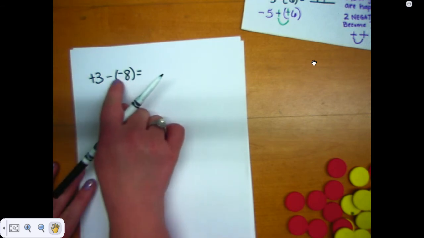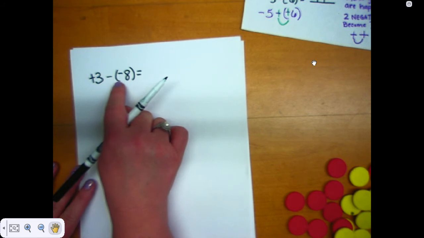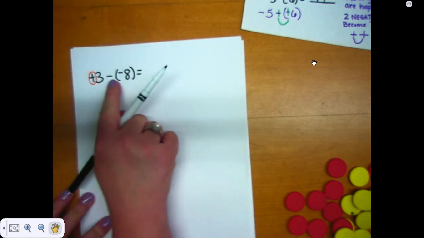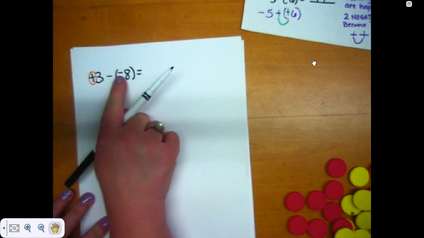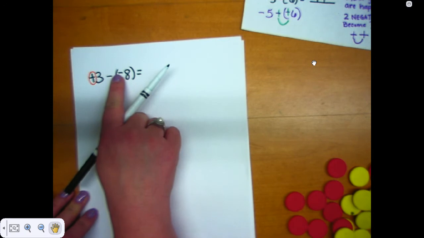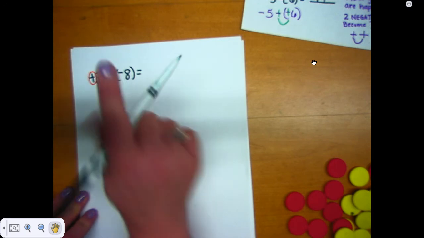I saw the sign, so I'm looking for this positive. But remember, this changes things. I have a negative and a negative, and I like to think of those as Mean Girls. They're with each other and they are so happy to be torturing other people that they become positive.